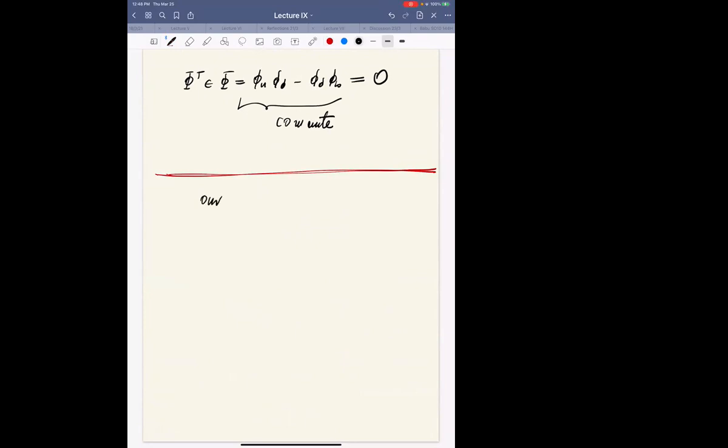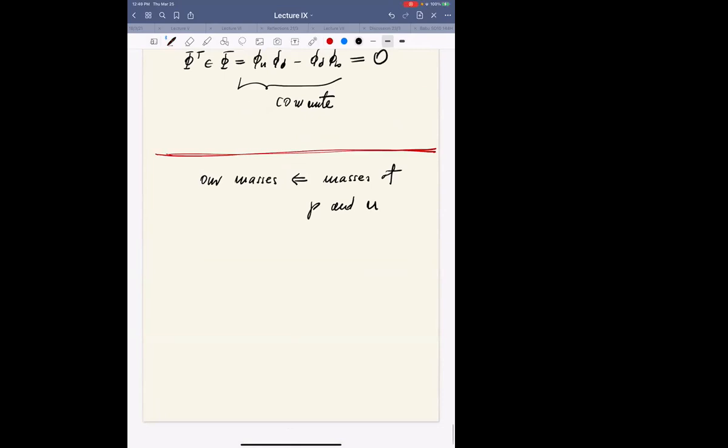Our masses, of course, come from the masses of proton and neutron, because electron has almost no mass.